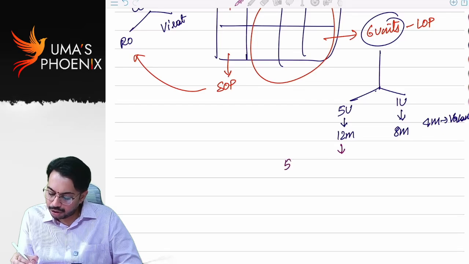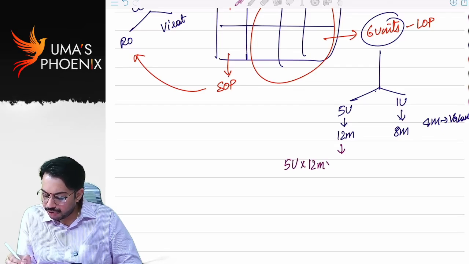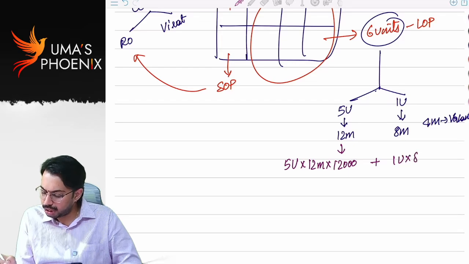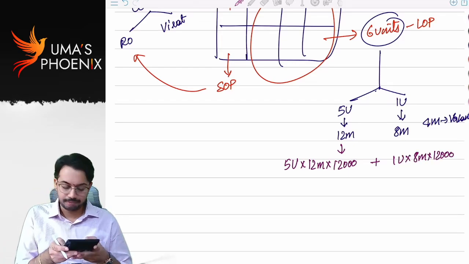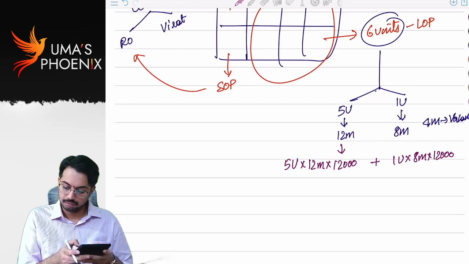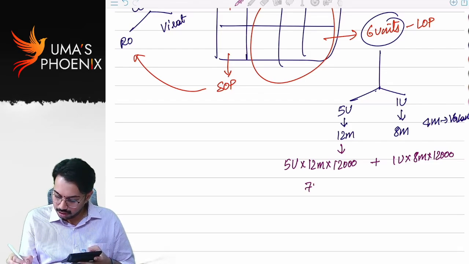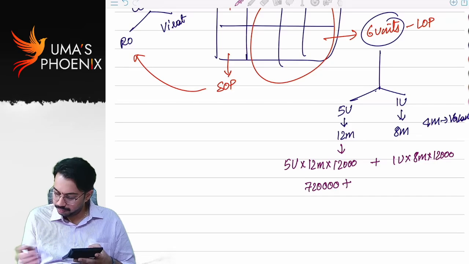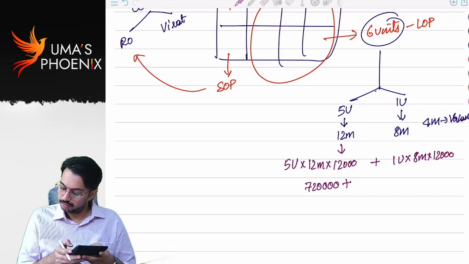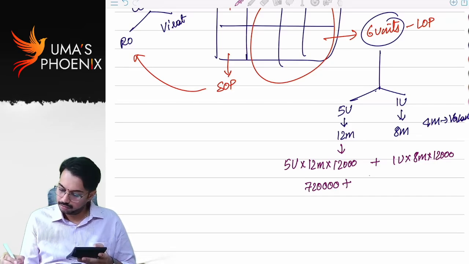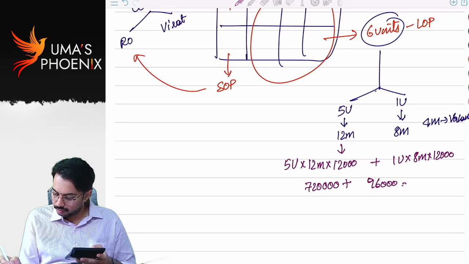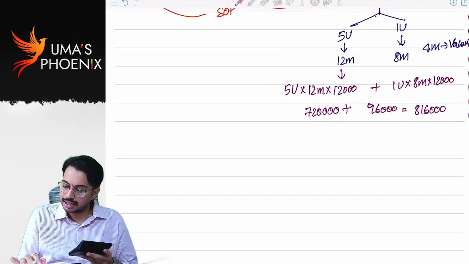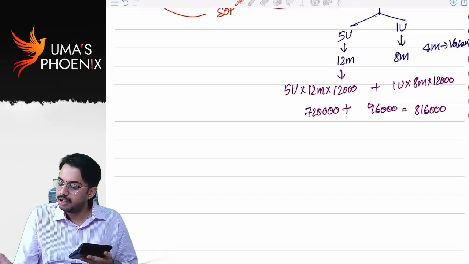Actual rent is equal to 5 units into 12 months into 12,000 plus 1 unit into 8 months into 12,000. Actual rent is 8,16,000. Well and good.